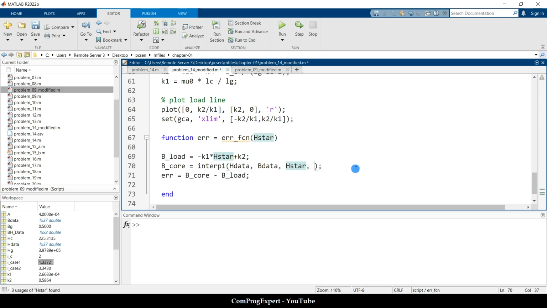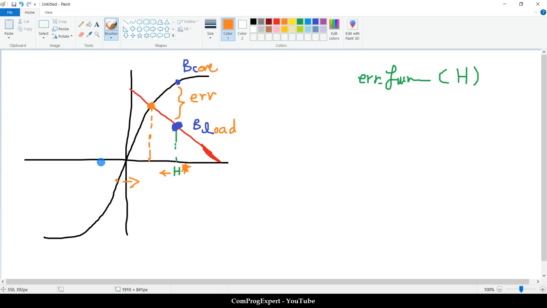So to avoid any error, we can consider extrapolations, right? A linear version of extrapolations to have the value of the B for all points. When the H star is here, this is the load line. And when H star is here, the value of the error is negative.